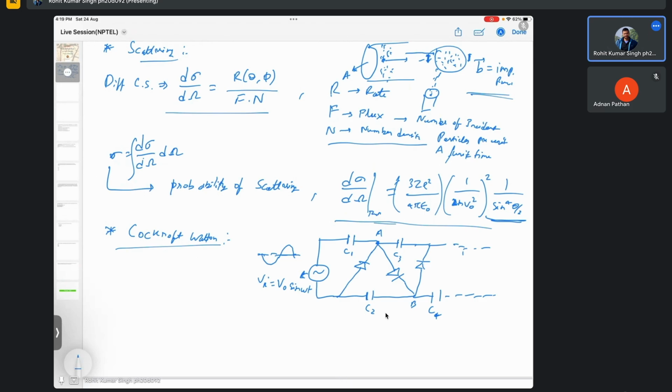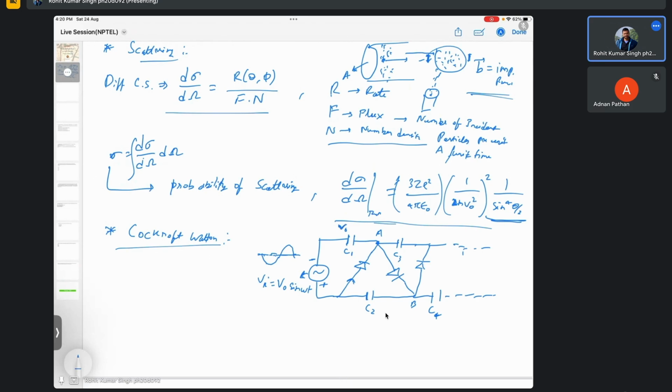Suppose our input voltage is in the negative cycle. In this case, this will be the polarity, right? And current will go through this diode, and it will charge the capacitor C1 to peak voltage V naught, right?